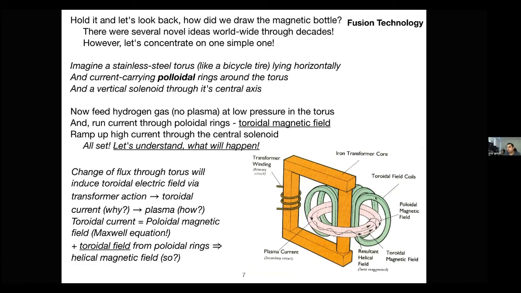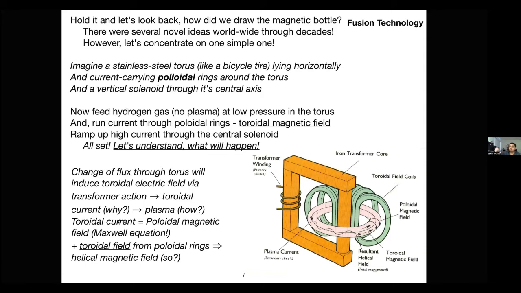And we already have a toroidal field from these poloidal coils. So as I said, poloidal rings give the toroidal magnetic field. So we have two magnetic fields now. One is the toroidal magnetic field, another is a poloidal magnetic field from the plasma current.